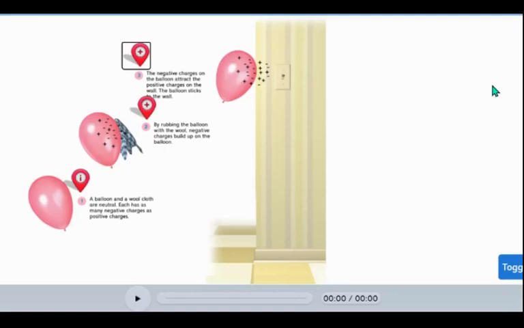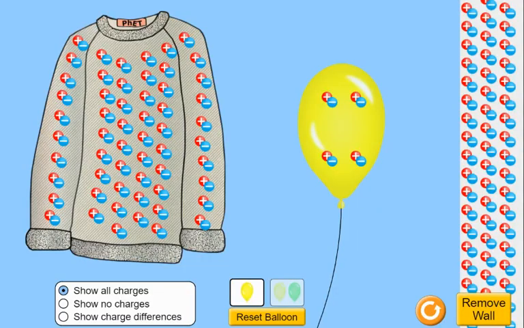Now that we learned about these negative and positive charges and how they can create static electricity to cause a balloon to stick to a wall, let's hop over to the simulator and try it out for ourselves. We have a static electricity balloon simulator. Here I have a balloon that is neutral.